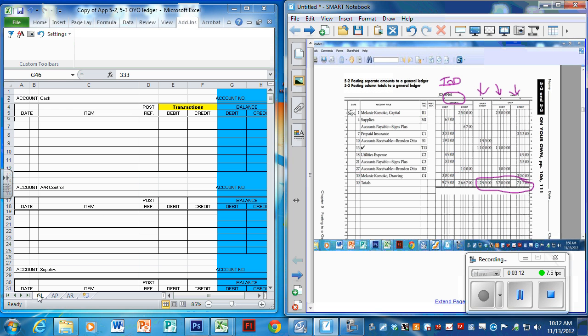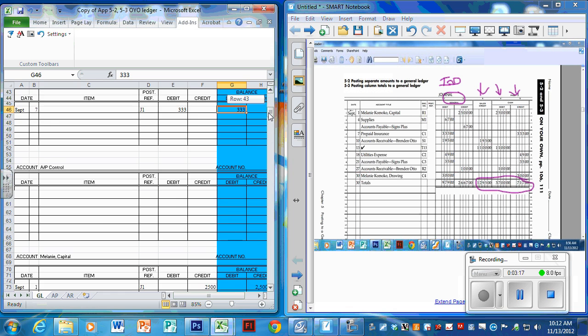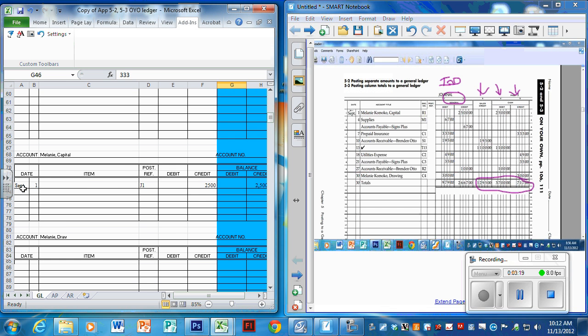So, very first amount in the GL that I'm going to go to is my capital account. So go to your GL account, scroll down to where you find capital, and post the date, which in this case is September 1st. It's a credit amount of $2,500. So September 1st, J1 is our journal page number. We know that from the top of our journal.